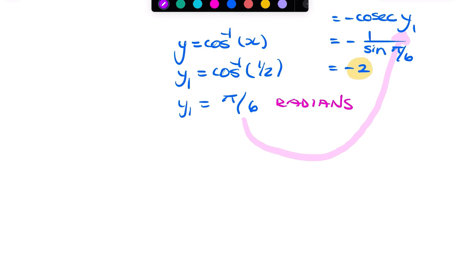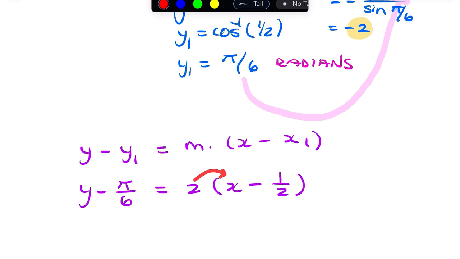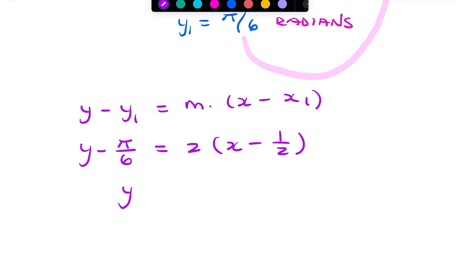So last step, we can say y minus y1 equals m times x minus x1. So I'll say y minus pi over 6 equals negative 2 times x minus 1 over 2. Then I'll just multiply that out. So I'll have y equals negative 2x plus 1 plus pi over 6.